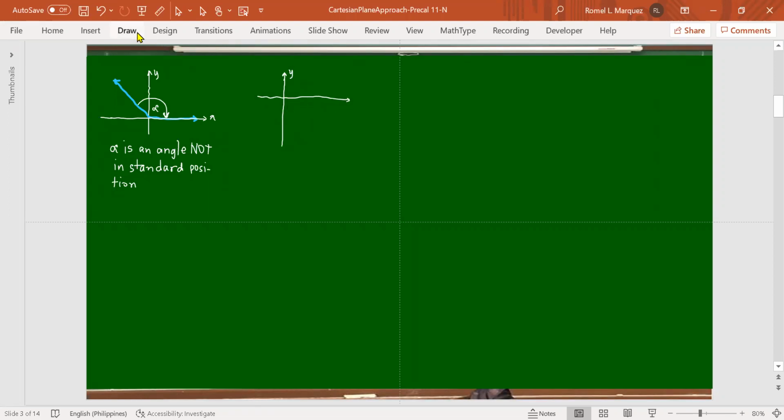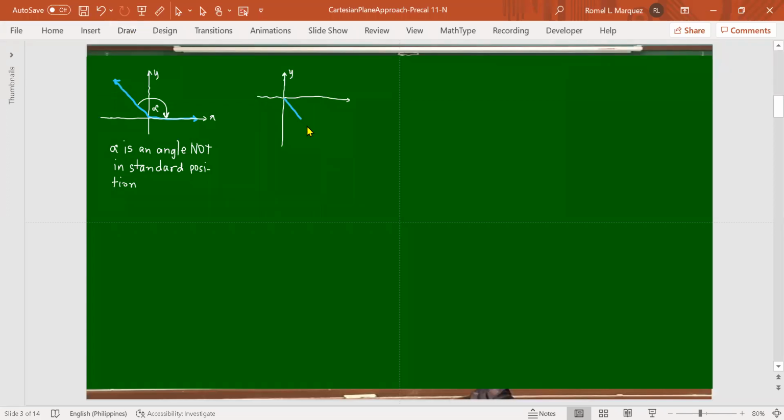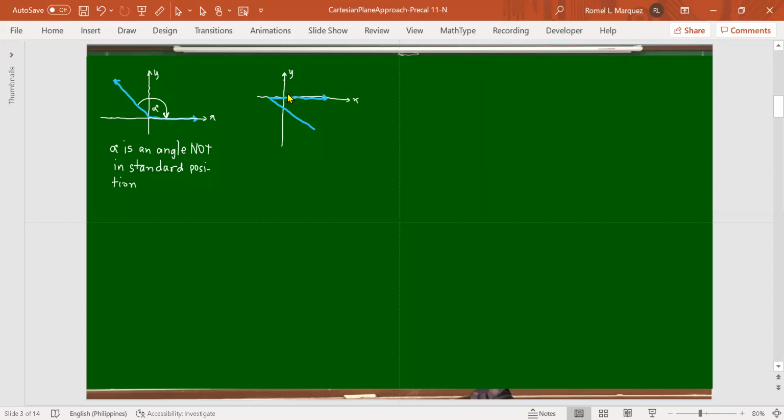What about if I have this angle? If I rotate it this way, is it positive or negative? Let's say this is phi.